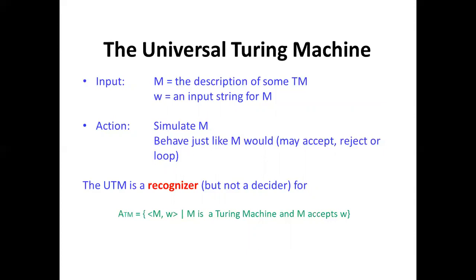So it is not a decider, because it will not always accept or reject; it may loop. The universal Turing machine is a recognizer, so A sub TM is the set of M, W, where M is a Turing machine and M accepts W.